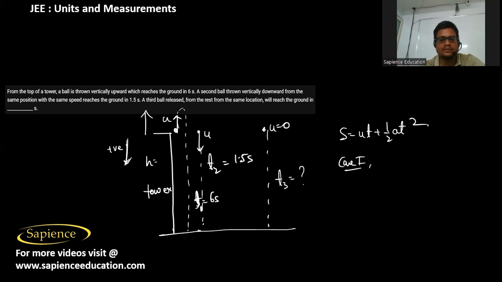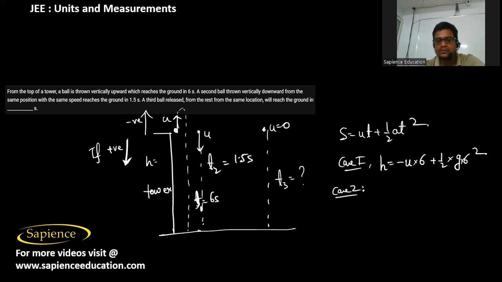So if we take vertically downwards as positive, then vertically upwards will be negative. So in the first case, the displacement is h, which is equal to minus u into 6, plus half g into 6 square.